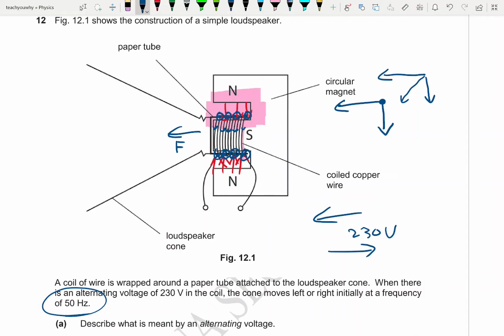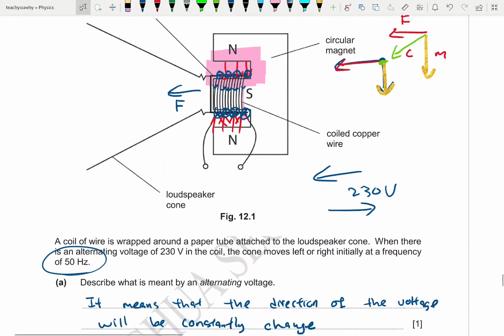Let me use another color. So this is force, this is magnetism, this is your current. So, father, mother, child.